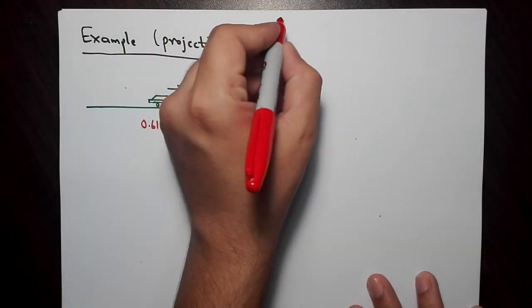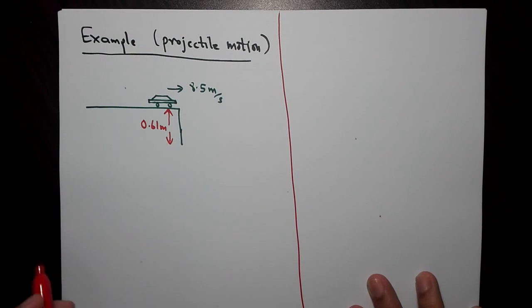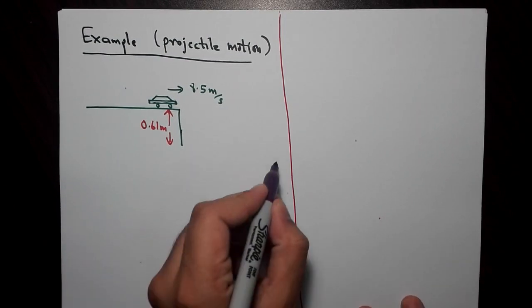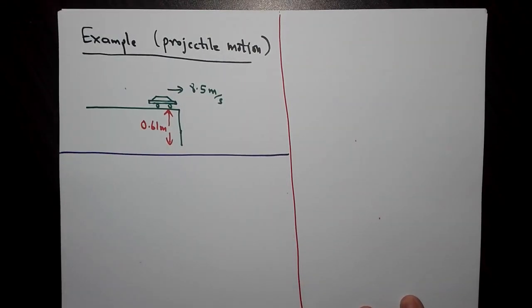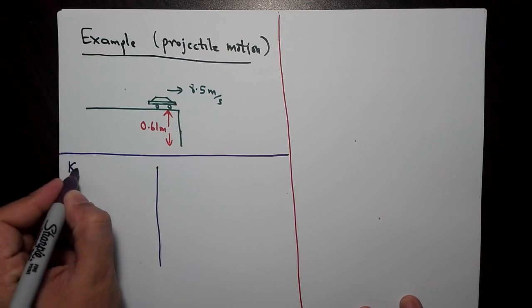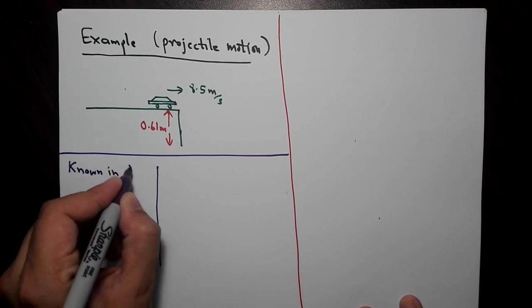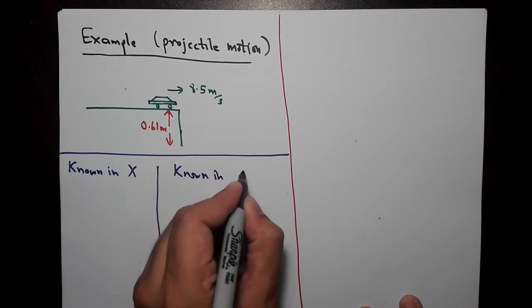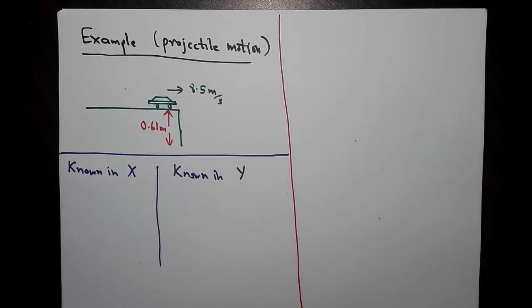Once you get used to these problems, you won't need it, but in the beginning, make sure you do that. So you can make a table of known in x and known in y, so that you train yourself to think about the two directions independently.